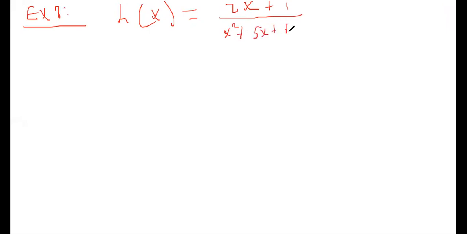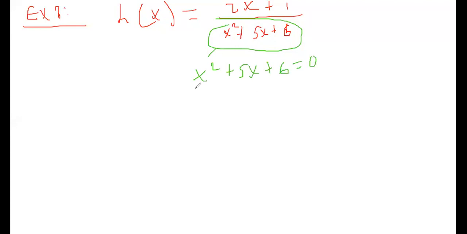First off, I always tell you if it's a fraction, just take the denominator and equate it to 0. I also explained why we are doing that, because we want to find the value of x where the denominator is equal to 0.